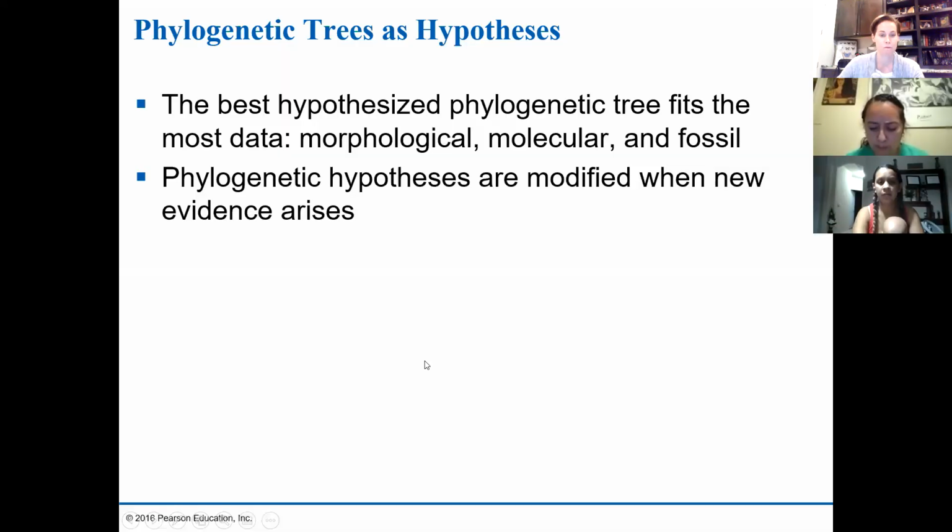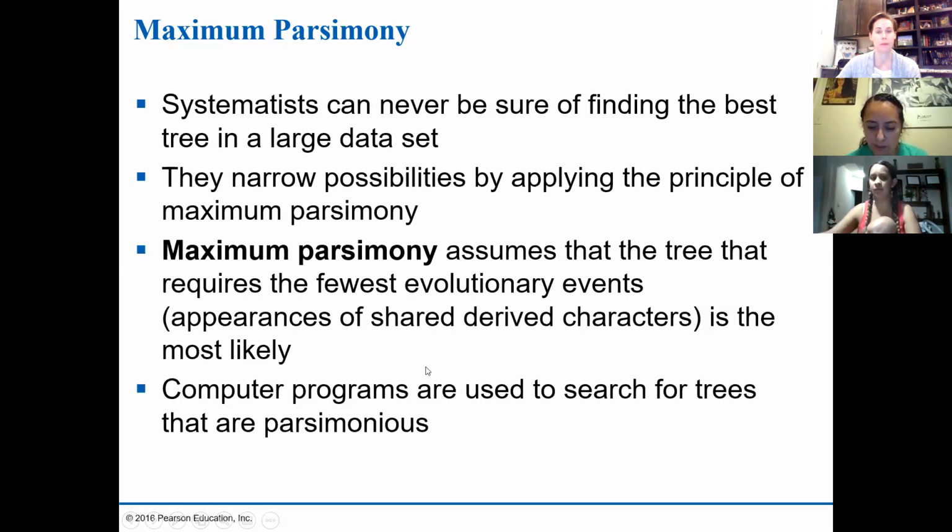I guess the only question, maybe because I didn't really understand it too much, was maximum parsimony. I was trying to grasp it.